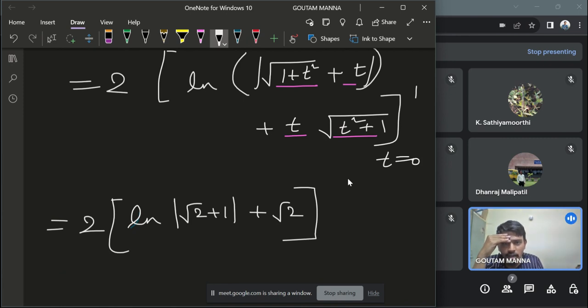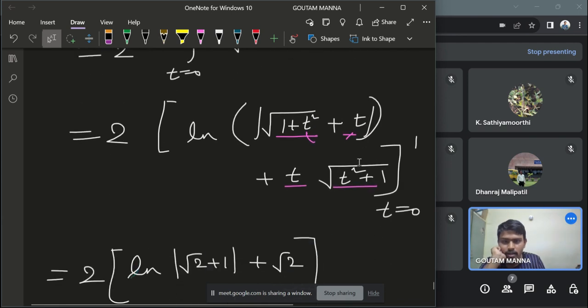Now if you put the lower limit, if I put t equals to 0, this is 0, this is 0, so we are left with log of 1, log of 1 is 0, and again if I put 0 here, this term is 0 and then the whole term will be 0. So the lower limit term will be 0.